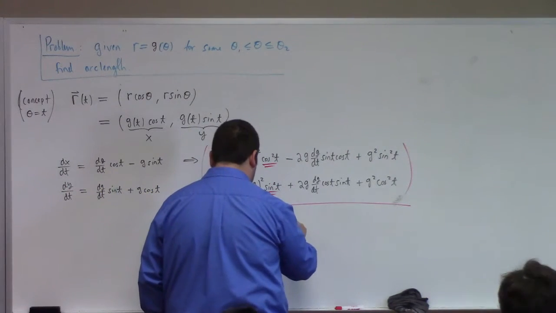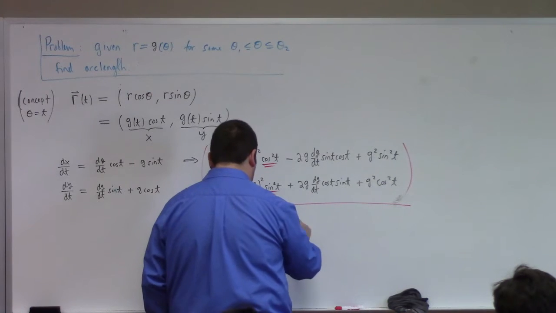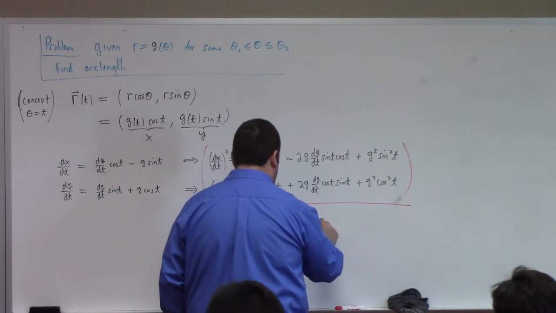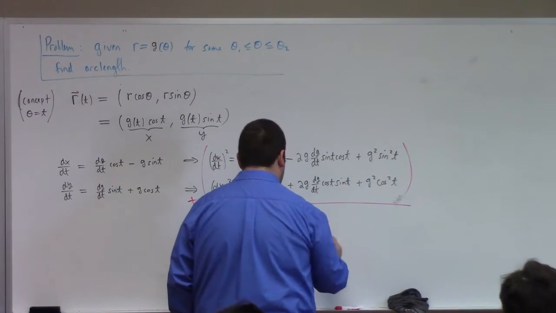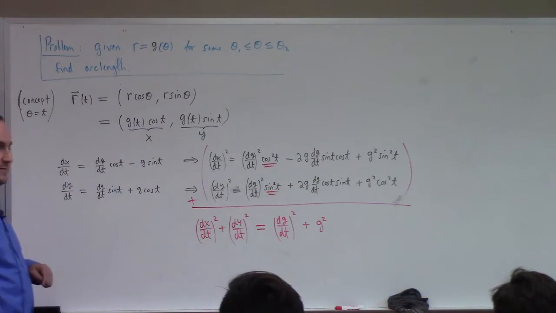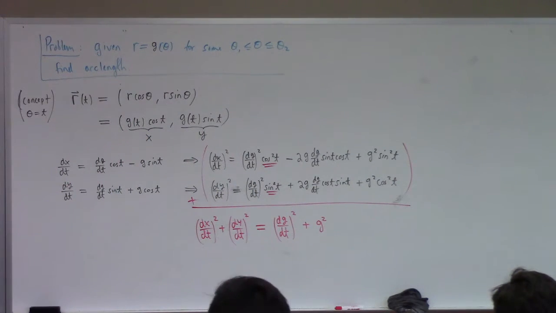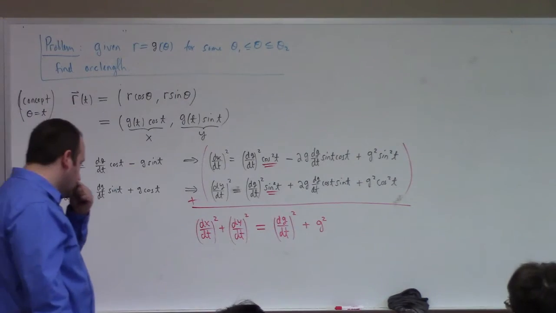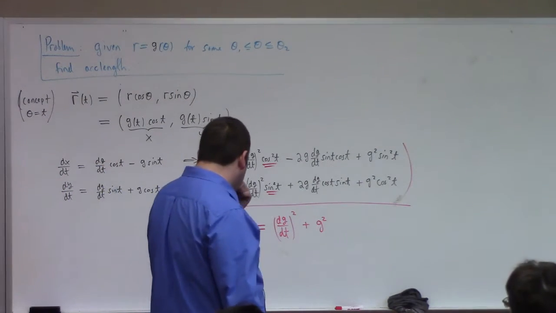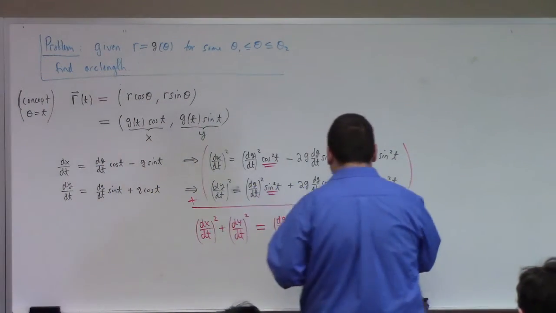Right, (dg/dt) squared plus g squared, yeah. This is a precious relation.